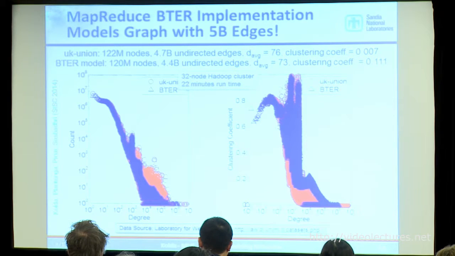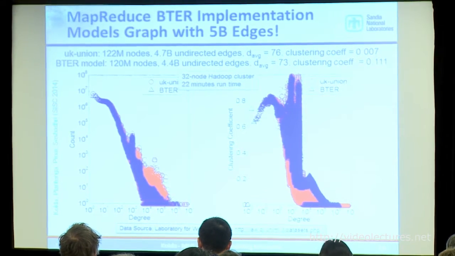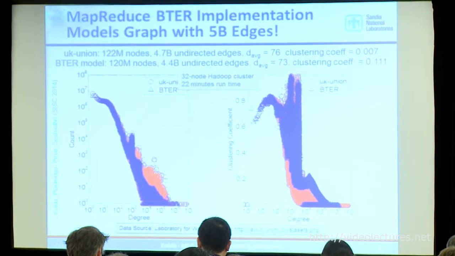It has 122 million nodes, 4.7 billion edges, has an average degree of 76, and a clustering coefficient of 0.007. So we look over on the left, and we see the degree distribution produced by the real data and also produced by BTER. So there's a reasonable match, although we see that the UK Union has more variability towards the higher degree.